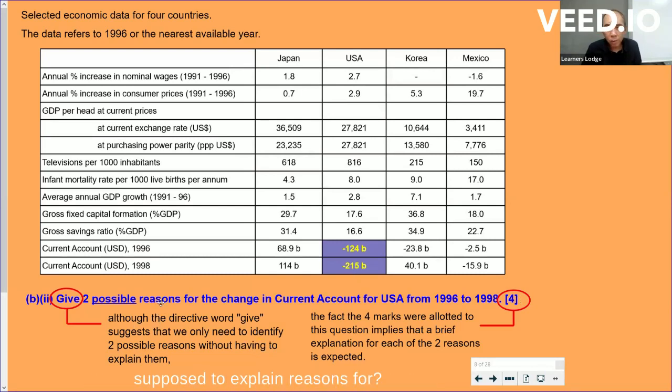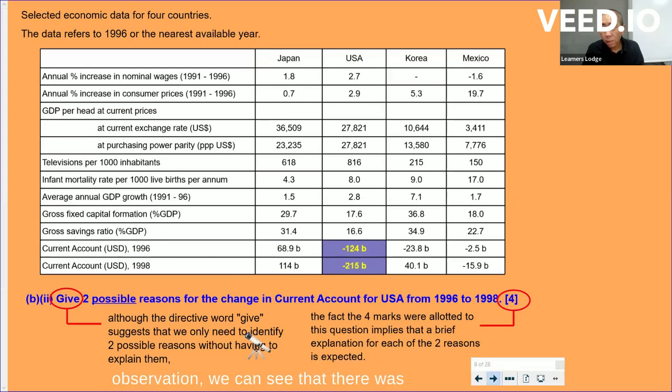All right, what are you supposed to explain reasons for? For the change in the current account for USA between 1996 to 1998. So looking at the column for USA, 1996 current account in US dollars was negative 124 billion, and in 1998, it will be negative 215 billion US dollars.